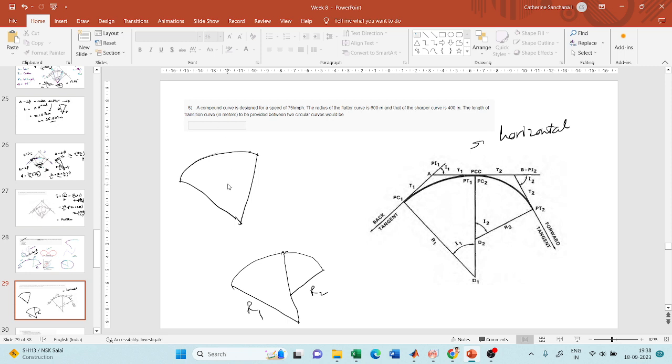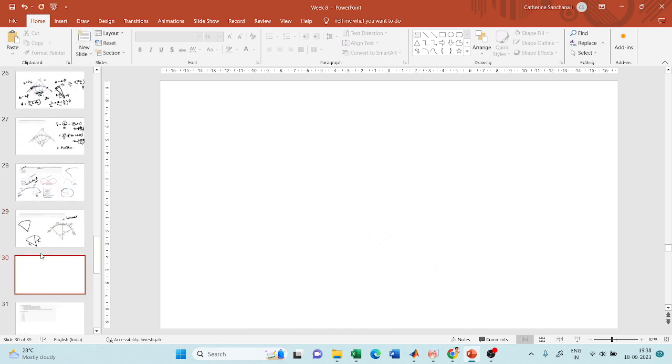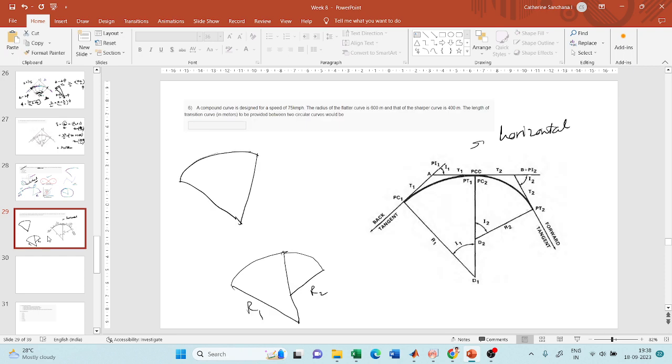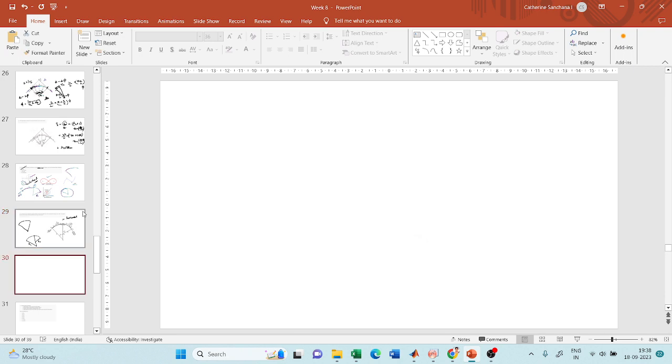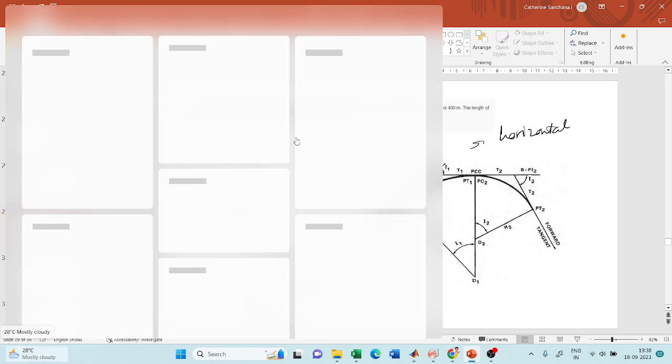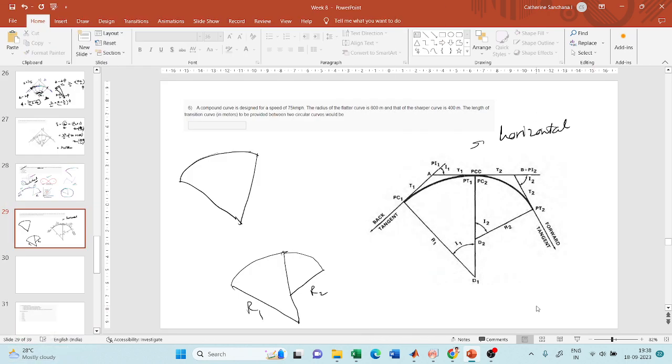Now they are asking what should be the length of the transition curve. You may think what is new here. The transition curve changes from straight section to curved section, so this will not have a problem.